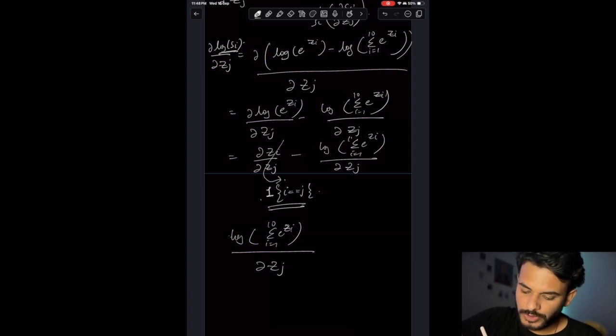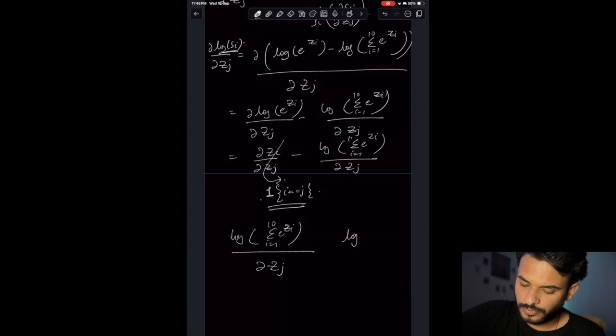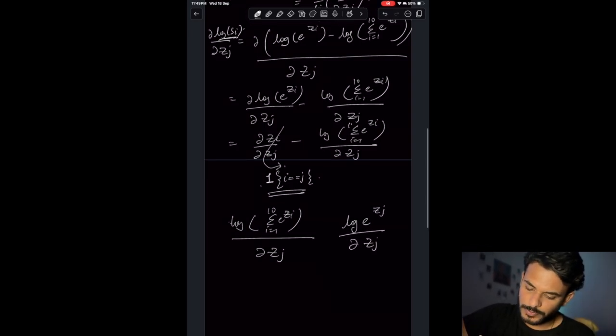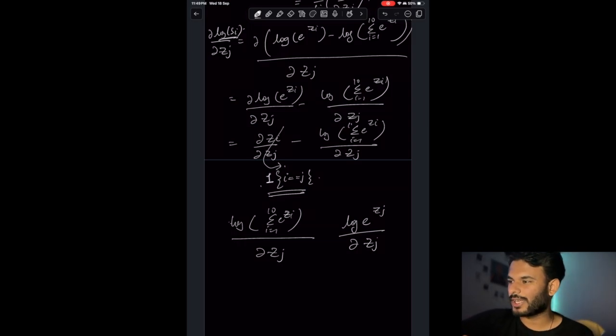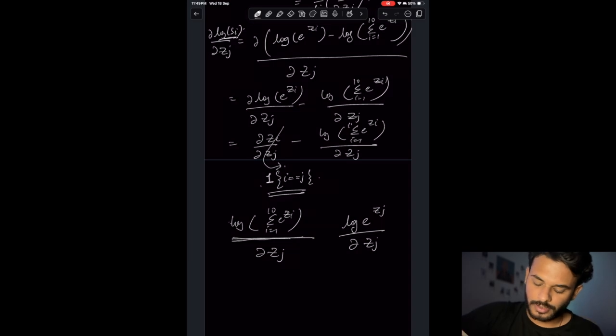The only term which remains is log of e raised power zj divided by del of zj, because if i is not equal to j, that term becomes a constant, and the derivative of a constant with respect to any variable turns out to be 0. So from the summation only this term will remain, and this is basically zj.